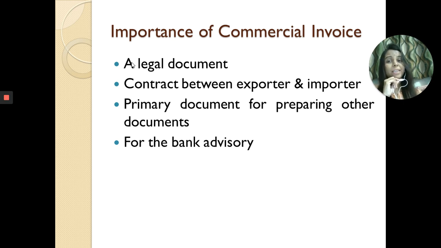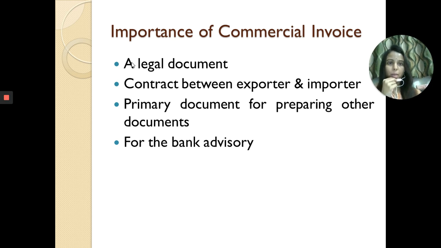It is a legal document, so if any dispute happens, the first document needed is the commercial invoice. And the last one is bank advisory. Whenever our documents are sent to the bank for realization of payment, the commercial invoice is needed. So that's all about the commercial invoice.